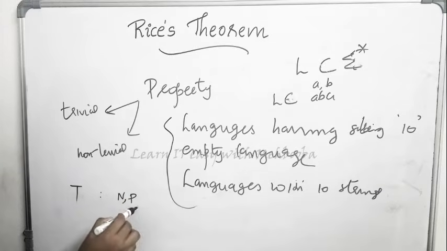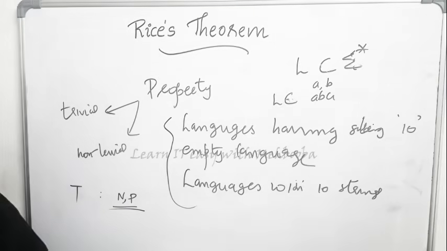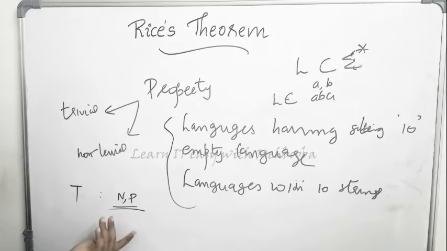So this actually depends on the property P. If this property P is a trivial property, that is, all the Turing machines either have this property or none of the Turing machines in the universe have this property, in that case this can be decided. The Turing machine can give a yes or no answer and halt.